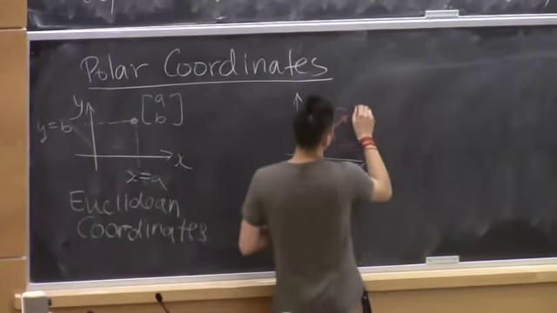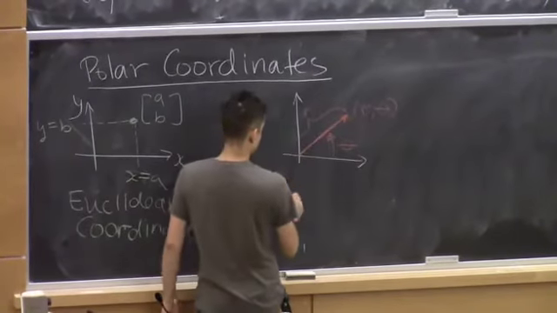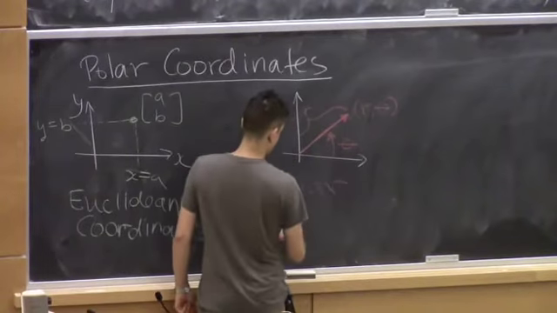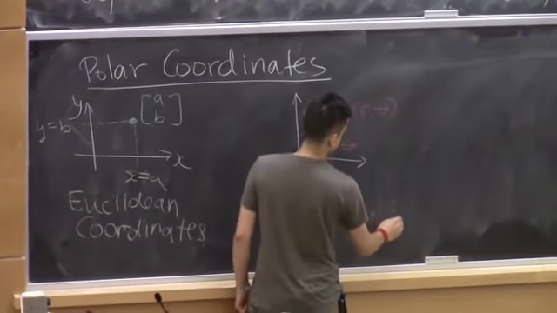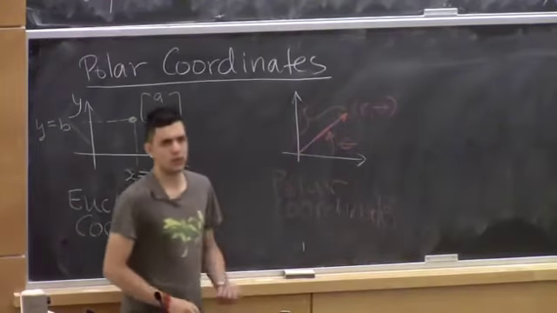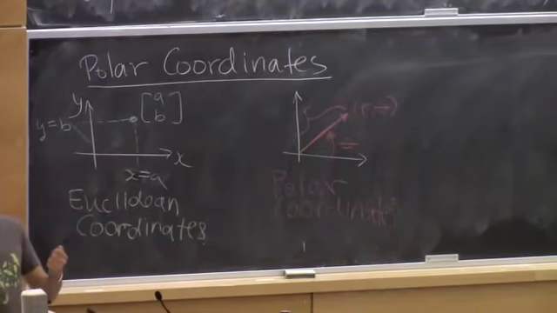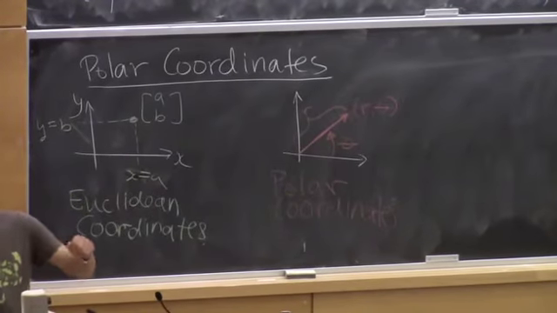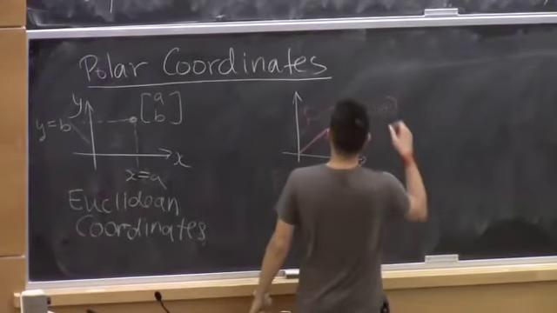So this would be the point (r, theta). Okay, they're called polar coordinates because they're useful for calculating things like centered at the North Pole or centered at a particular rotational axis.